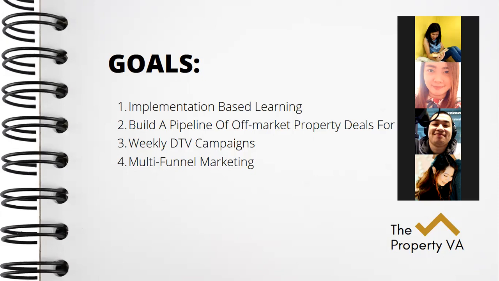Third goal is that we want to be doing, at the very least, a weekly direct to vendor campaign. So texting tradesmen, that's direct to the tradesman. Mailing probate solicitors, portfolio landlords, business owners, all of these are direct to vendor.